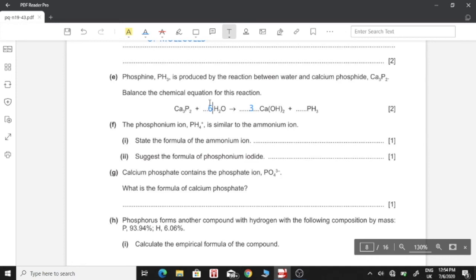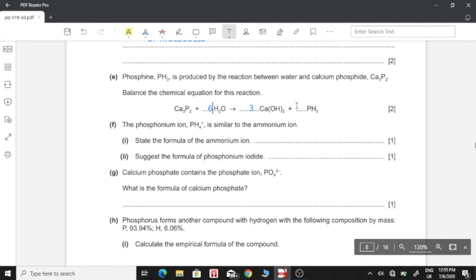Now we have 6 into 2, which means 12 hydrogen atoms on the reactant side. So we have 6 over here. Now we are only left with 6 remaining hydrogen atoms. When we write 2 over here, this will give us another 6 hydrogen, which means a total of 12 hydrogen atoms.